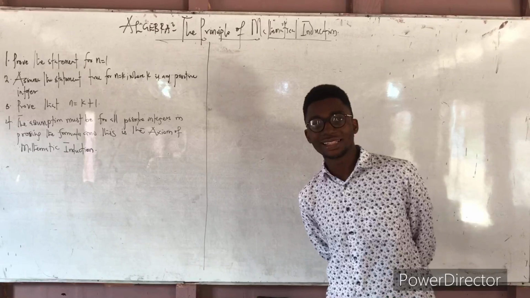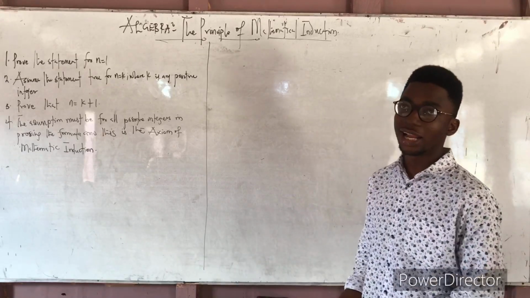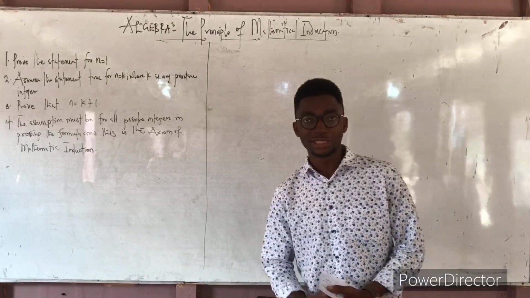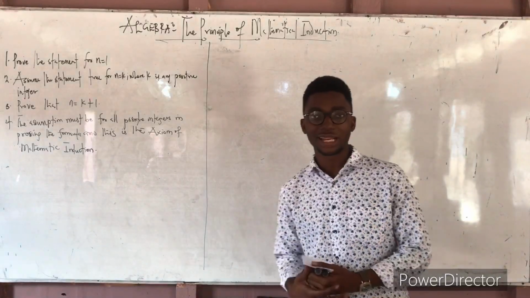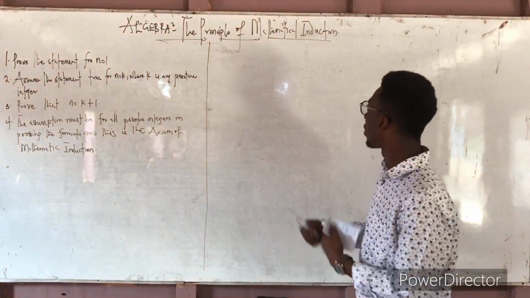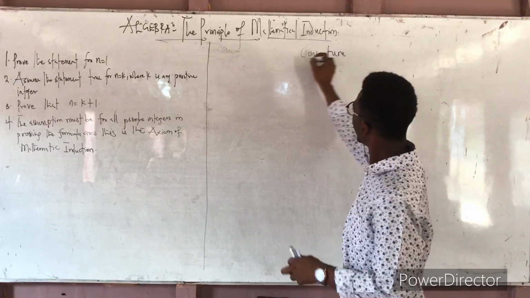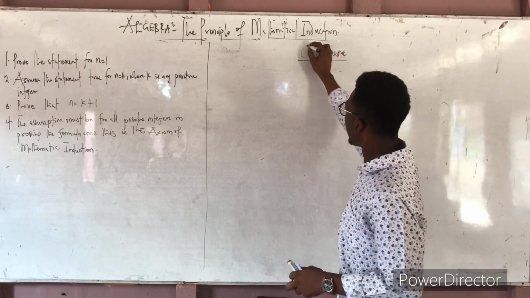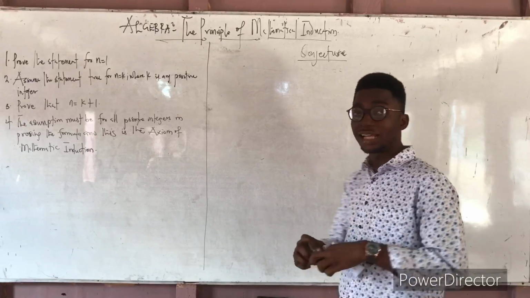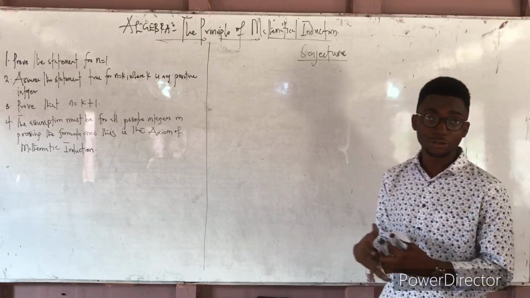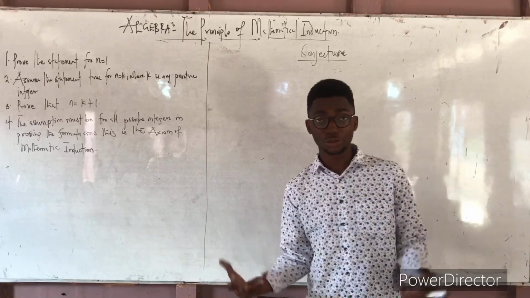Today I'll be dealing with the principle of mathematical induction. Under inductive reasoning, there is something we call a conjecture. A conjecture is more or less like dealing with formulas, how you can prove that a formula is true or not.